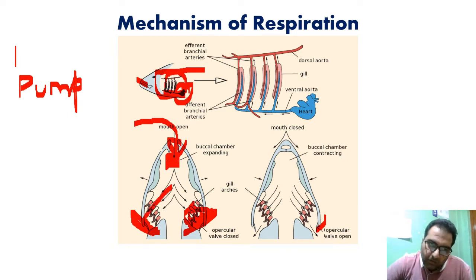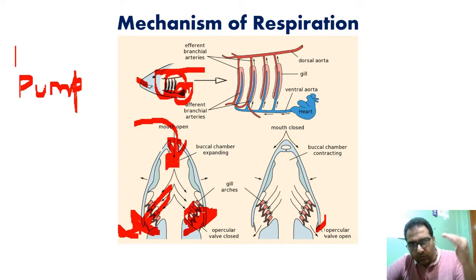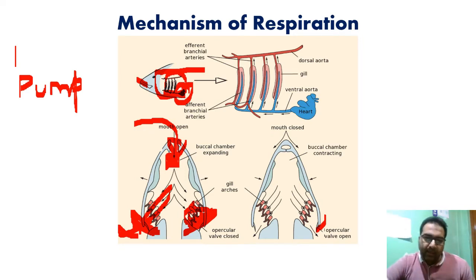When the opercular bone or wall is released, it is opened, the water leaves, and it goes through the gill filaments. It passes in between the gill filaments, particularly the primary gill filament and the secondary gill filament. So the water enters via the buccal cavity and leaves via the gills.